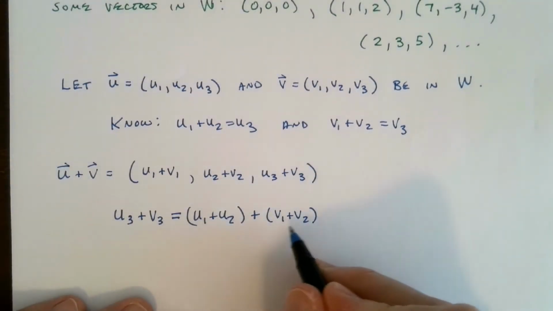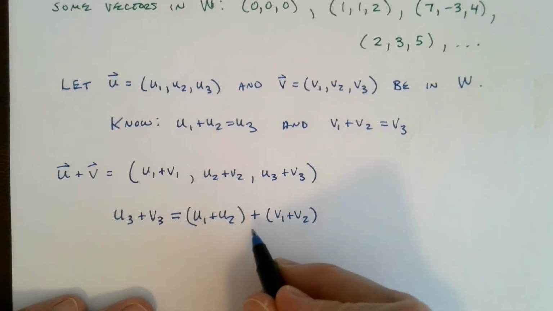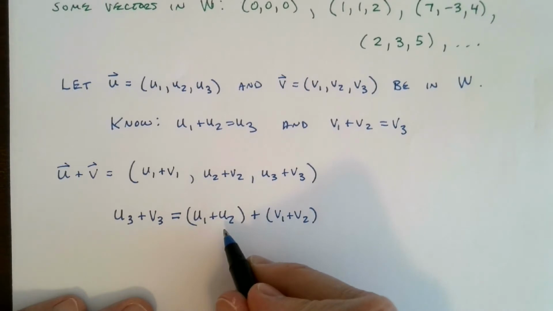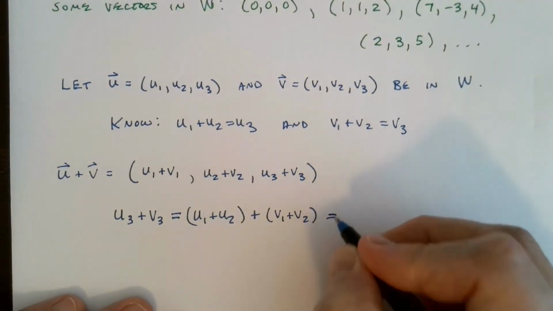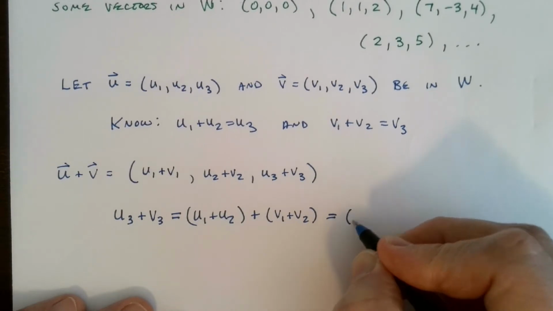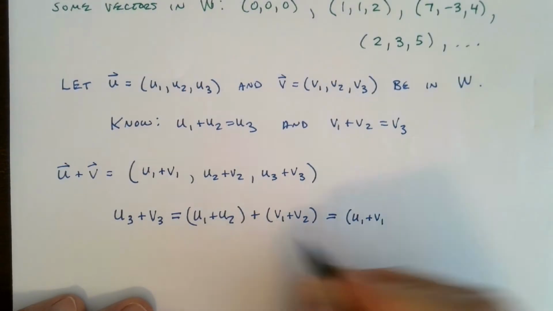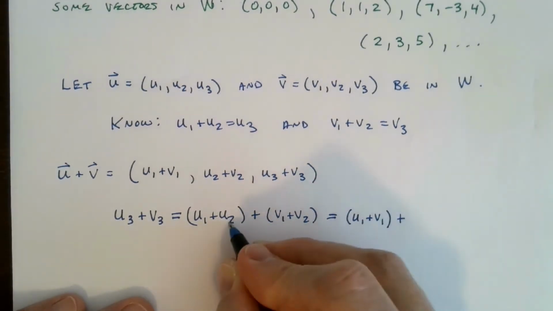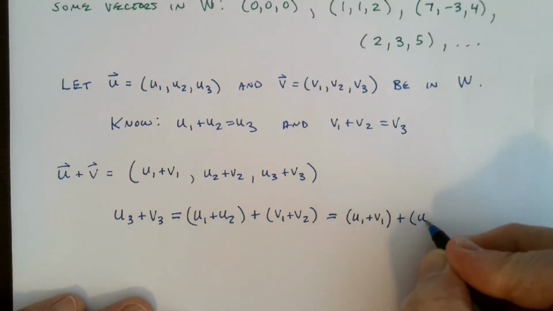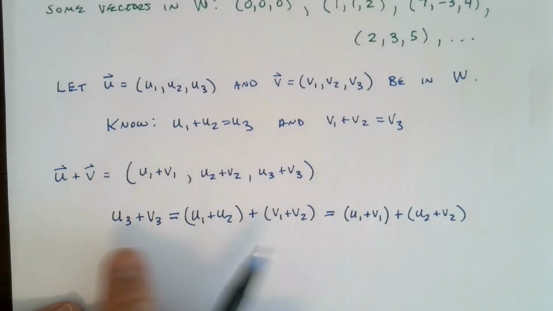When we're talking about real numbers, which all these things are, U1, U2, V1, V2, we have the associative and commutative properties of addition. By using that, I can rearrange and regroup this to the following sum. I can do the U1 plus V1, group that together, and then the U2 plus V2. And this now is important because now what have I shown?